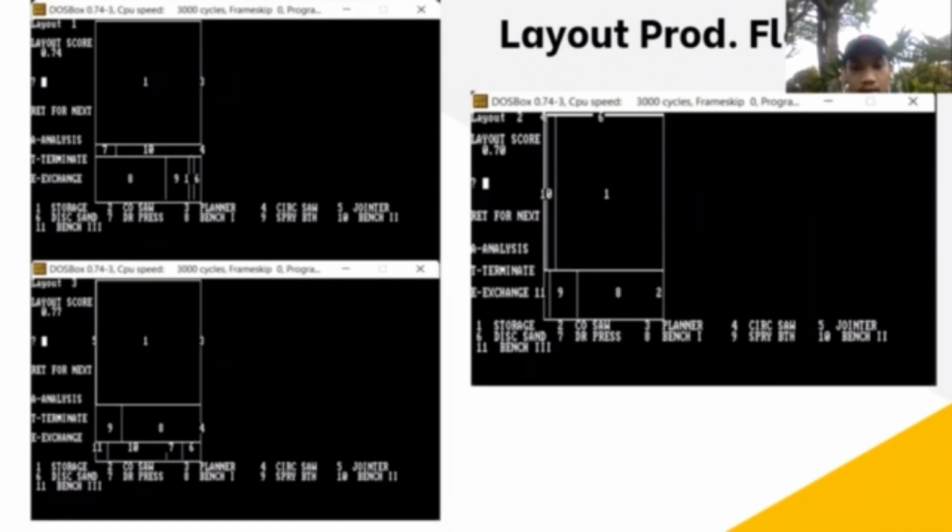As we can see in the list, for the best layout, the layout score of layout 1 is 0.74, layout 2 is 0.70, and layout 3 is 0.77. And we choose layout 3 as the best layout.